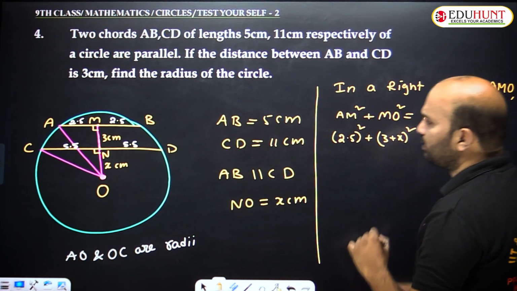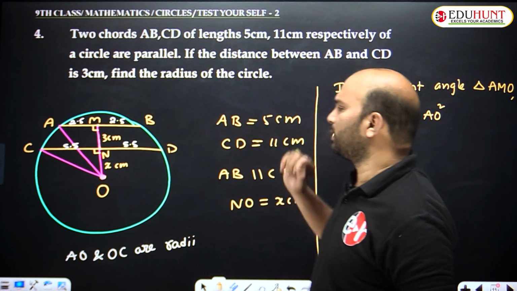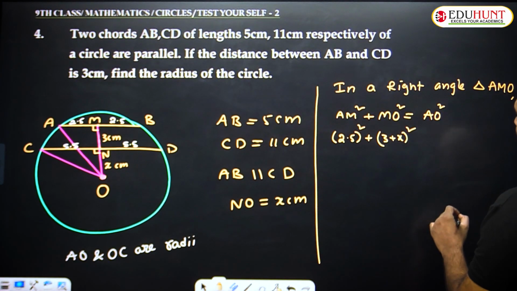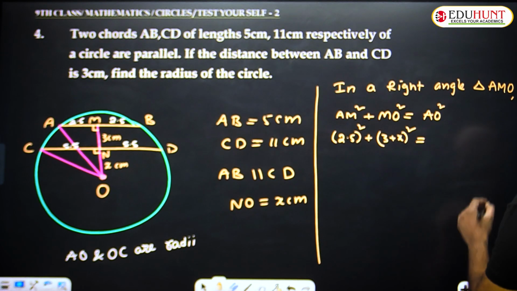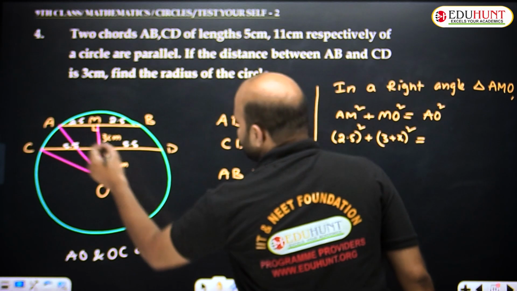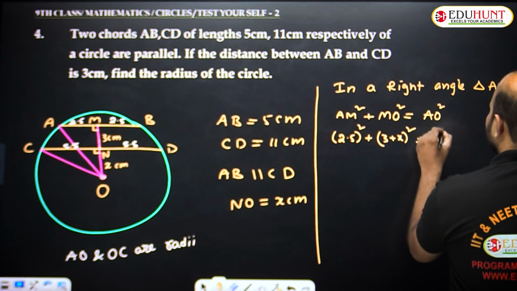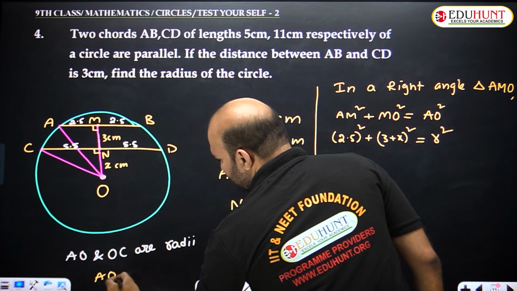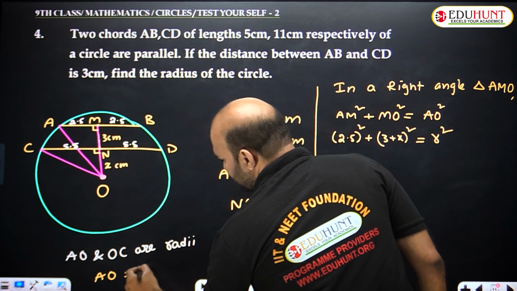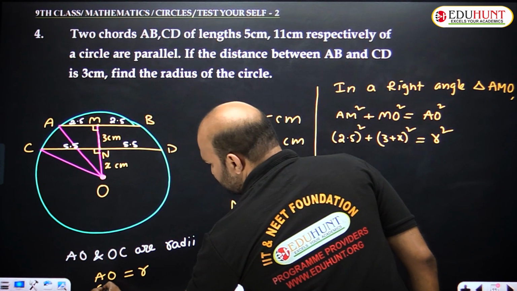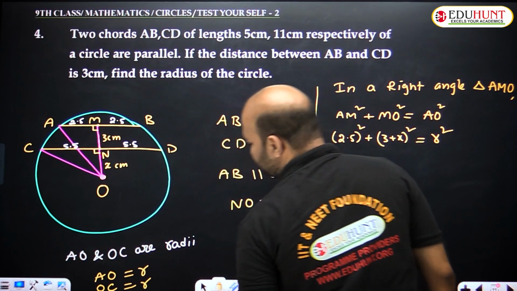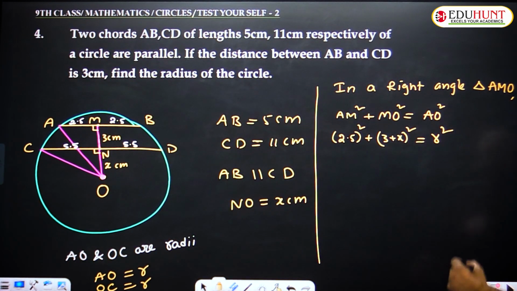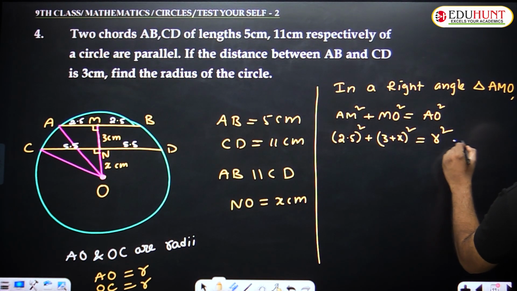MO means MN plus NO, that is 3 plus X total length. So (3 plus X) whole square equals AO square. AO is a radius, let me take it as R, so that is R square. AO and OC are radii, so AO equals R as well as OC equals R centimeters. Am I clear? So this will be considered equation 1.